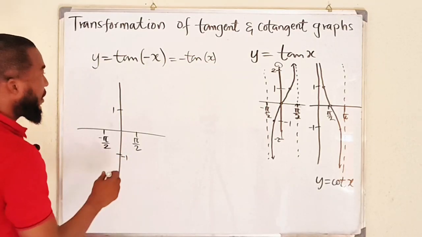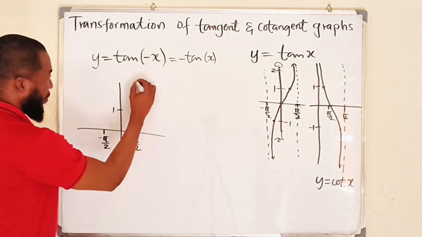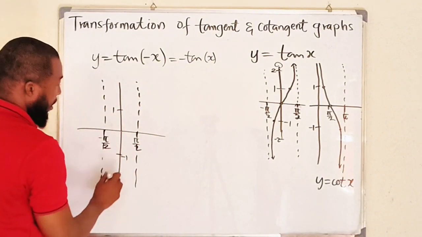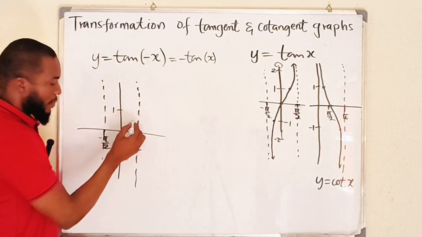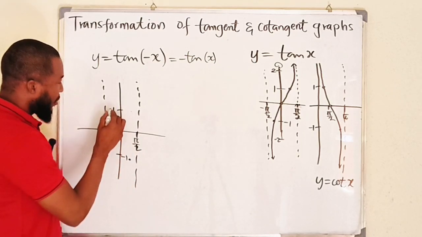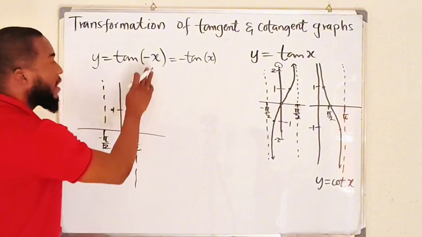All right. So instead of having a point here, remember this is our vertical asymptote. Instead of having a point here, I'm now going to drop it down here. Instead of having a point here, it is now coming up here. So this is a reflection.